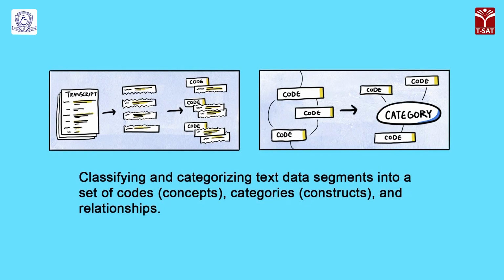It is a process of classifying and categorizing text data segments into a set of codes or concepts, categories, that is constructs, and relationships. The interpretations are grounded in or based on observed empirical data.